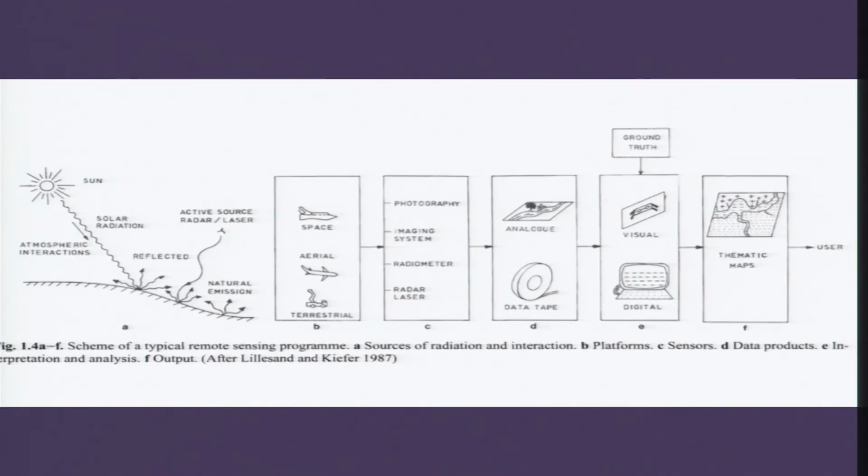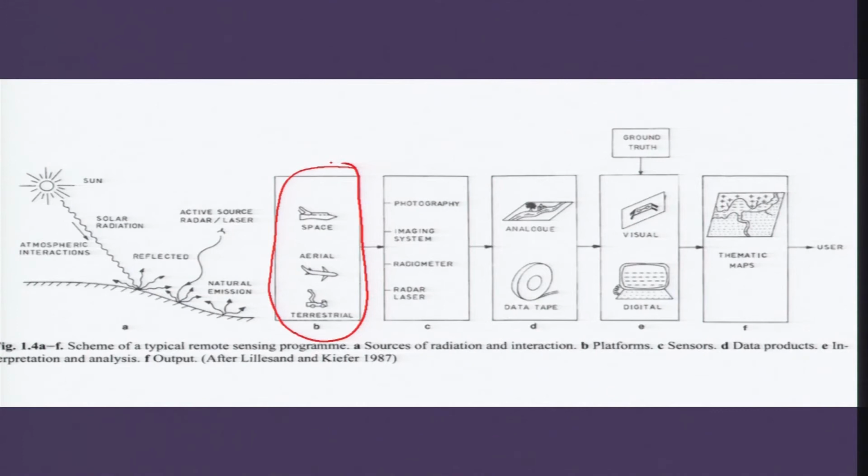So the scheme of a typical remote sensing program, if you look at it, we can have first the data collection using different platforms, as we were discussing in the previous slide.